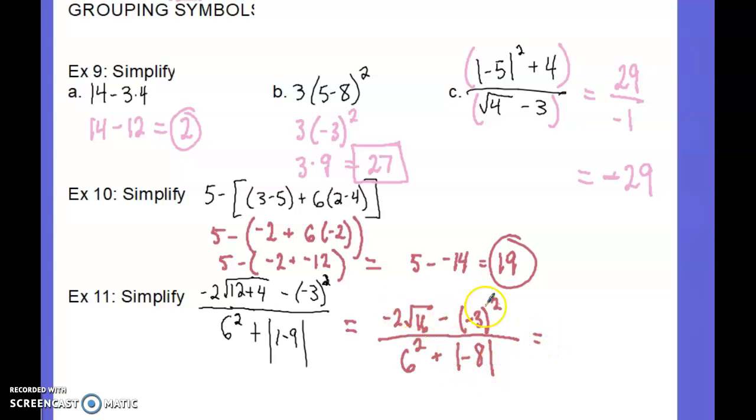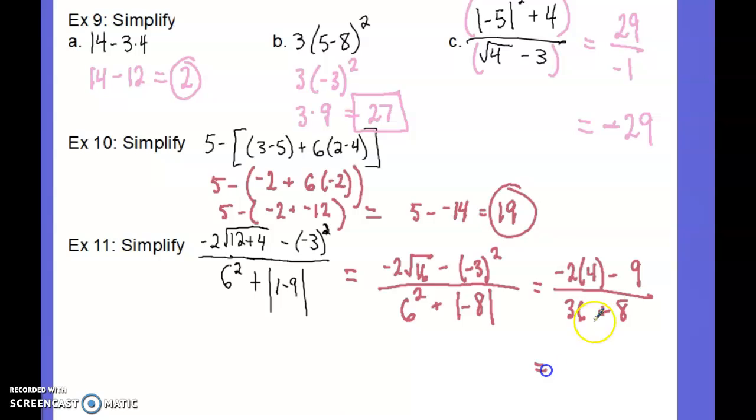So then do all of your exponents next. The square root of 16 is an exponent, which is 4. Negative 3 squared is 9. 6 squared is 36. And then the absolute value of negative 8 is 8. And then negative 8 minus 9 is negative 17 over 44.